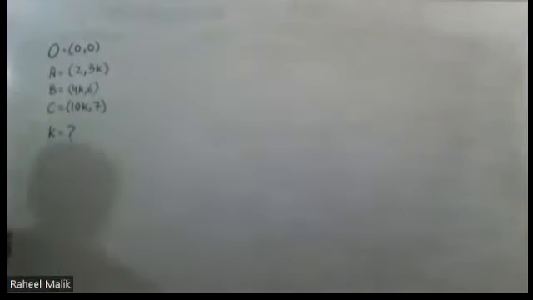So B part of the question is saying I have to find the value of k when OA is parallel to BC. OA is parallel to BC. Okay. So gradient of OA we have already found in the previous part, and that was coming 3k over 2.